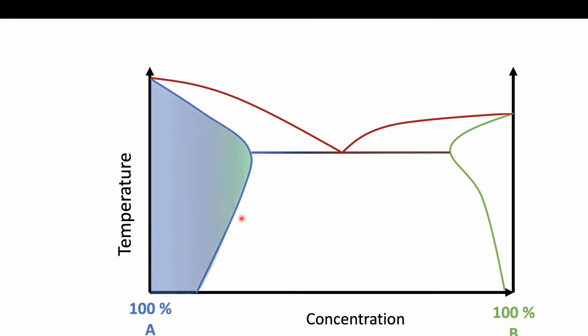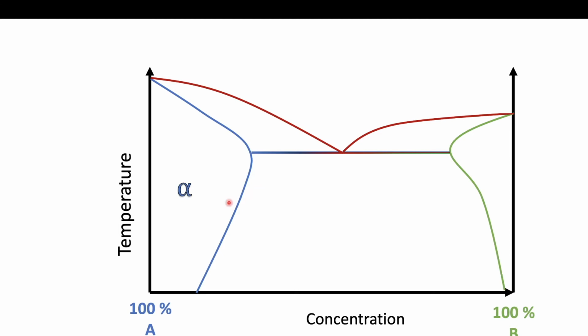Here the regions are basically phases. For example, here you have a single phase wherein you are at the A-rich side, and as you move towards B, there are more and more B atoms. Similarly, here you have a B-rich phase, and as you move towards the A side, you get more and more A atoms. These phases we denote by Greek letters.